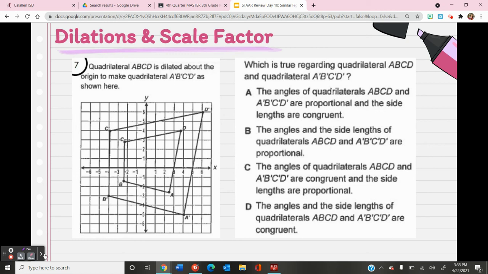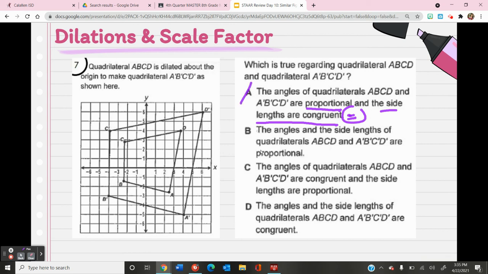So looking at our answer choices here, it says the angles of quadrilateral ABCD and ABCD prime are proportional and the side lengths are congruent. So here I see my side lengths are not congruent. Again, congruent means equal, and they are not equal because one is bigger than the other.